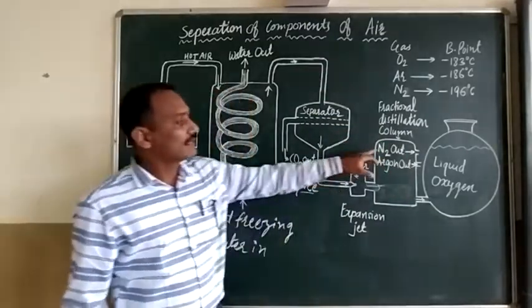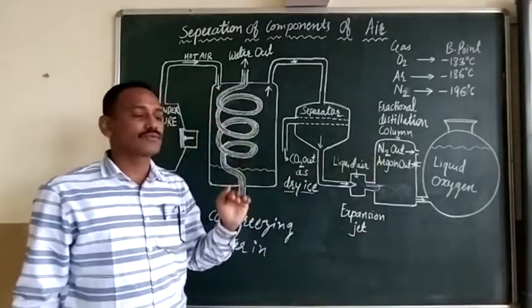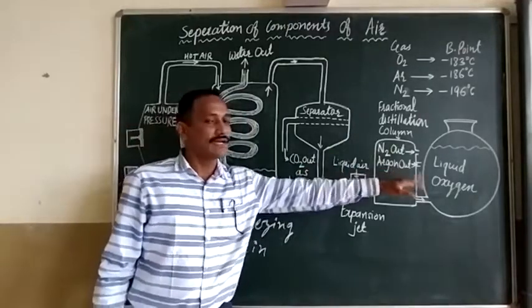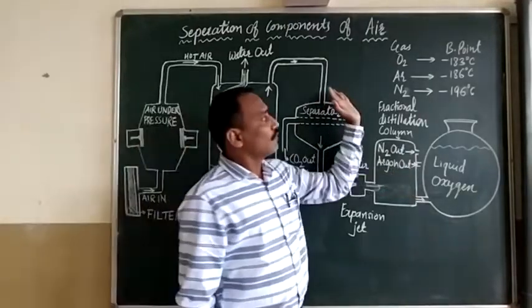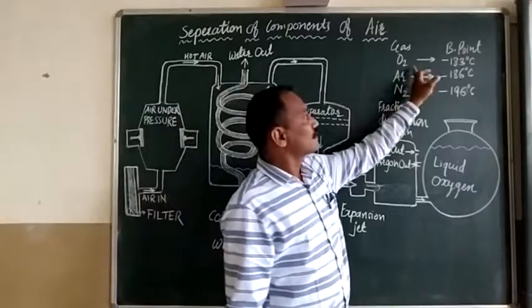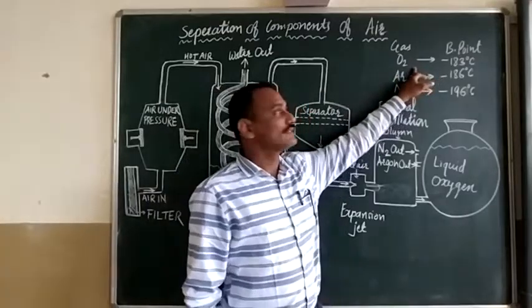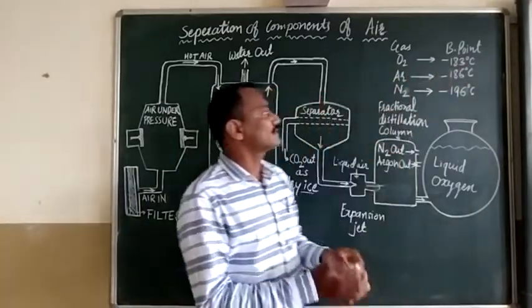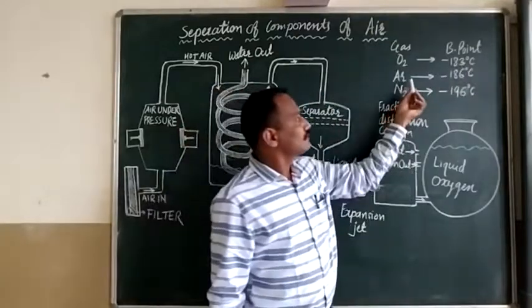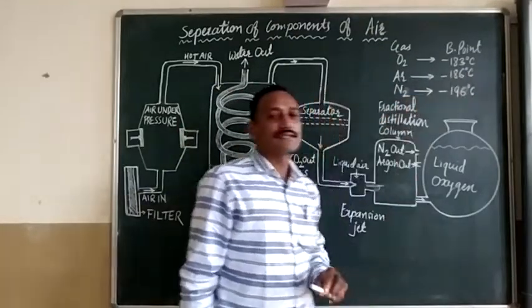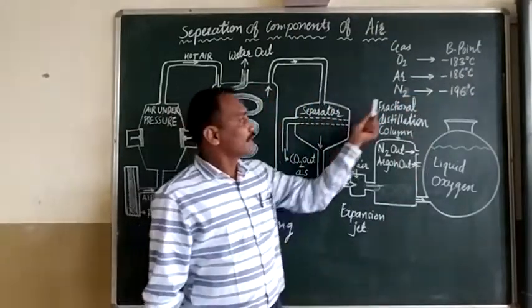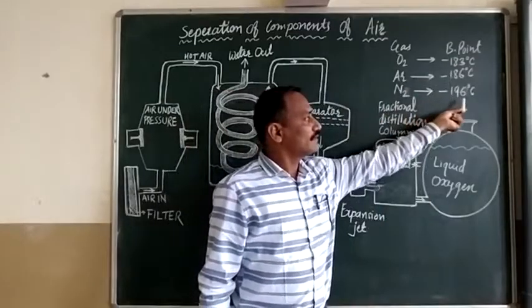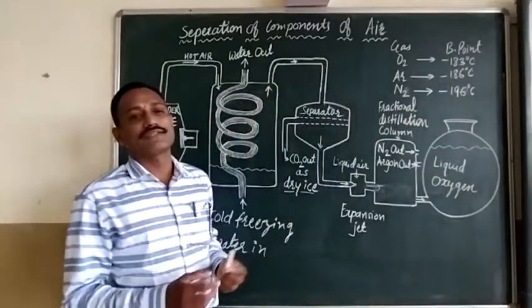Nitrogen has a lower boiling point than argon and oxygen. The boiling points are given here. Oxygen's boiling point is minus 183 degrees Celsius, that of argon is minus 186 degrees Celsius, and nitrogen's boiling point is minus 196 degrees Celsius.